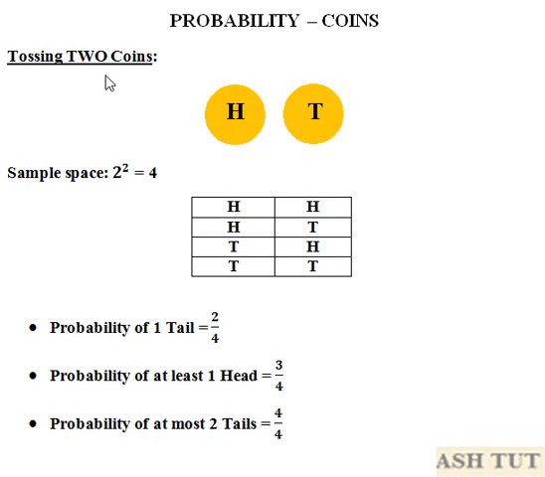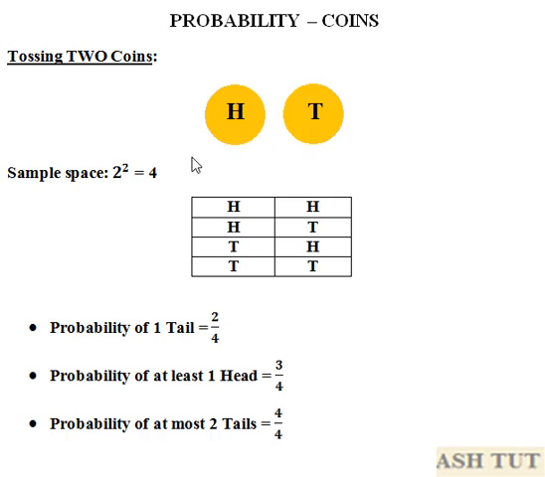So if we toss two coins, what will be the sample space? The sample space will be 2 raised to power 2 equals 4. Now what is this 2? This 2 represents the number of outcomes. In case of a coin, we can either get a head or a tail, so two outcomes are possible.